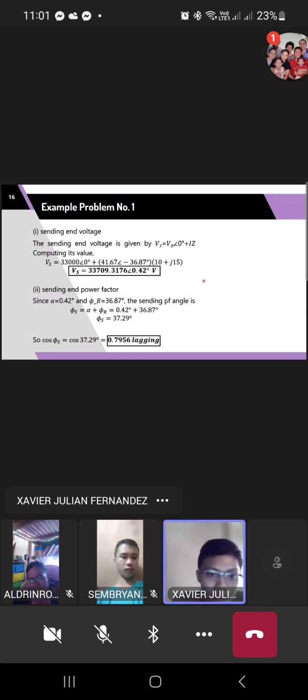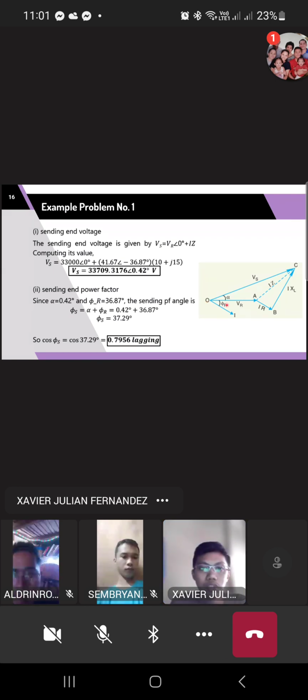Now, the phasor representation of this problem looks like this. First you graph the voltage at the receiving end, VR. From 0 to point A is VR. Next you graph IR and IZ. How do you graph IR?